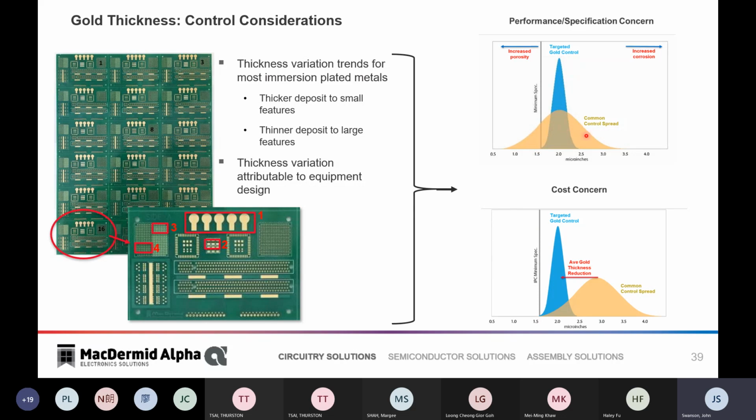And in this yellow to brown color, we see a more common wide distribution. And the problem with this can be that the spread can go below a specification, and in high cases, it can also produce increased corrosion. The other concern is if we move that distribution up, then our mean, our average cost of the precious metal goes up. So these are areas of concern that also relate to corrosion.